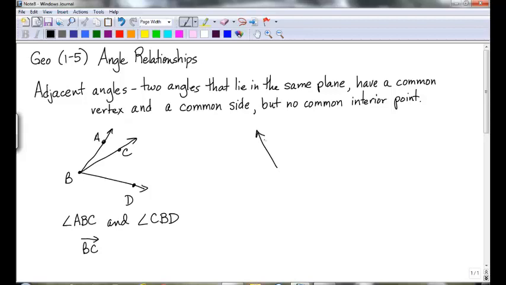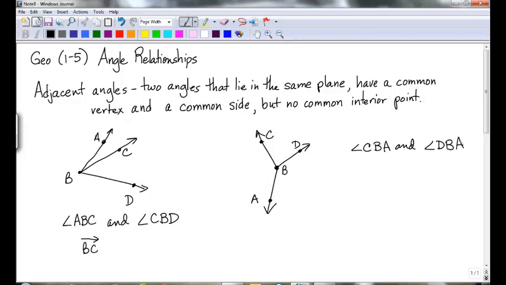Another example. There's no common interior point. Let's say this is point C. This is point B for the vertex. Let's label this as A and label this as D. So angle CBA, this angle right here, and angle DBA.